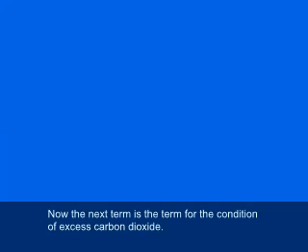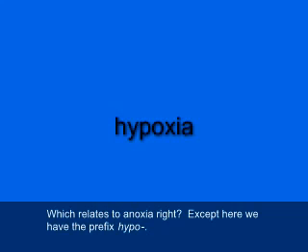Now, the next term is the term for the condition of excess carbon dioxide, and that's hypercapnia, spelled hypercapnia. Now we have two more terms we have to be a little careful of because of their word parts. The first one is hypoxia, which relates to anoxia, right?